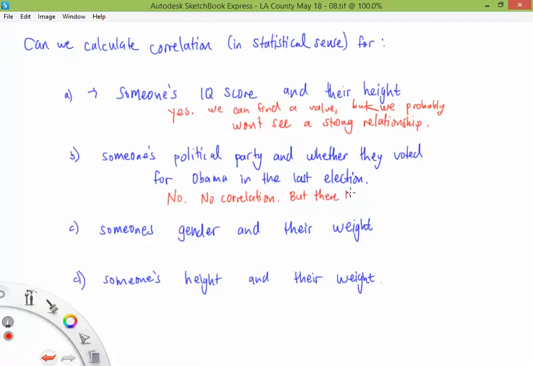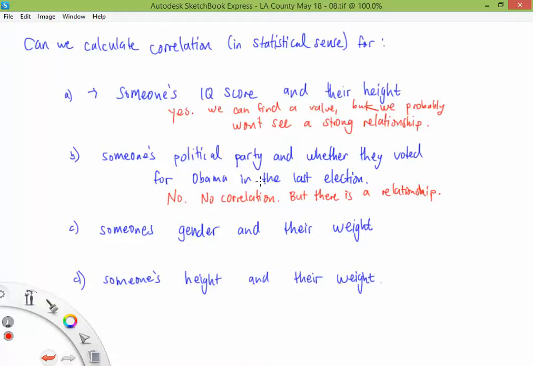If somebody is a Democrat, they probably voted for Obama. If someone is a Republican, they are less likely to have voted for Obama. But of course, not everybody who is Democrat voted for Obama. Not everybody who is Republican voted against him.